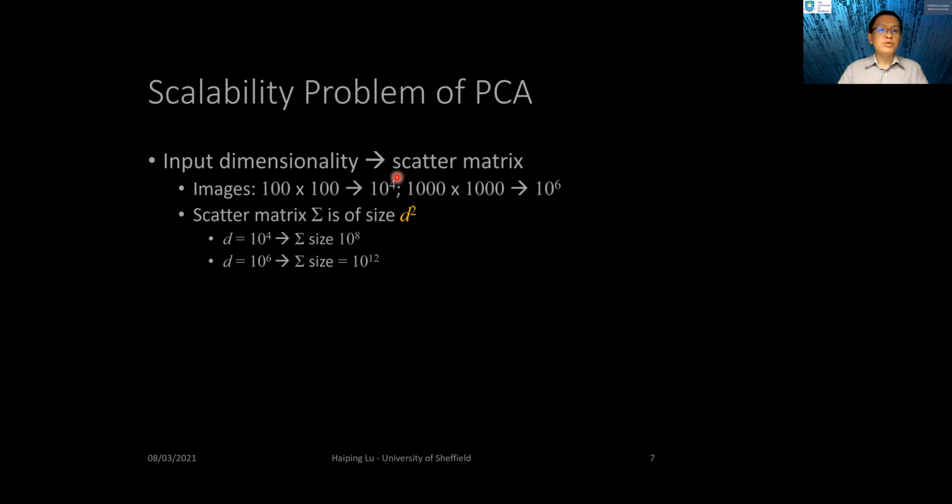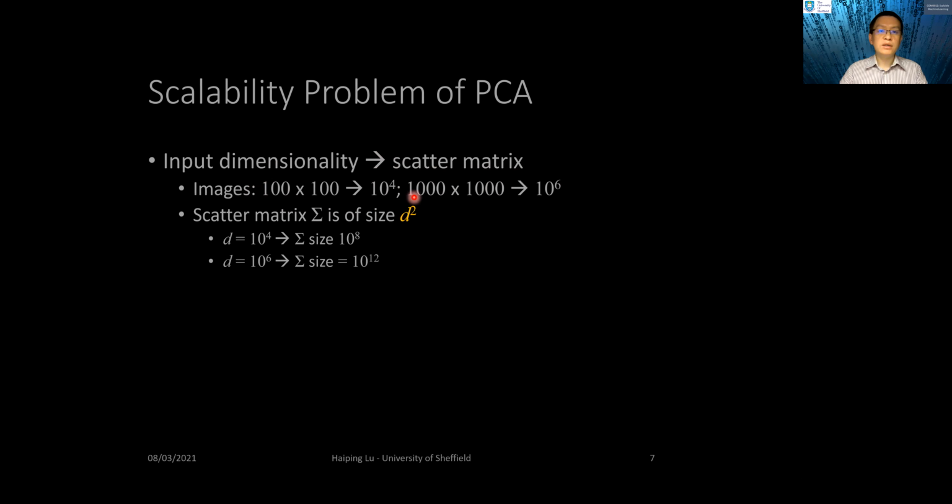The scatter matrix is very important for PCA because this is where we compute the PCs from. Suppose we have an image of size 100 by 100, then D will be 10 to the power 4. And if we have an image of 1000 by 1000, then D will equal 10 to the power 6.